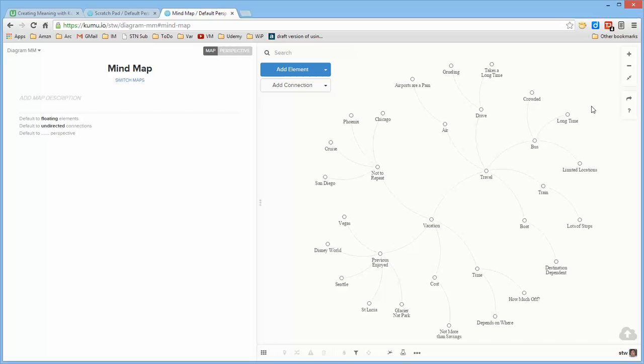But the essence of the mind map itself is a central concept, and you then identify related sub-concepts, and then sub-concepts to those sub-concepts, continuing until you've worked your way out to a level of detail that gives you specific items to think about and address in relation to the central concept that you're thinking about.